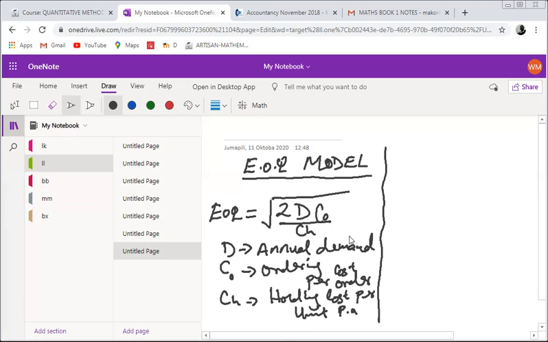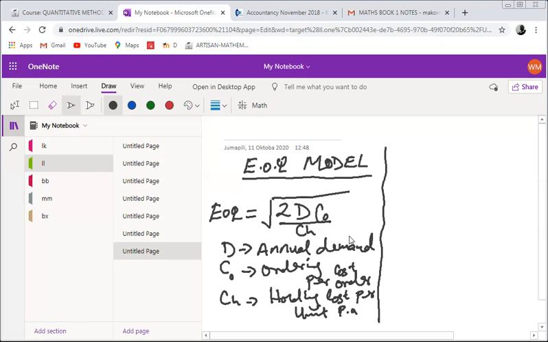I want to demonstrate this formula through the question that I shared in your notes under the EOQ model. We are told that Clepax Limited uses component BC23 in the manufacture of its product.